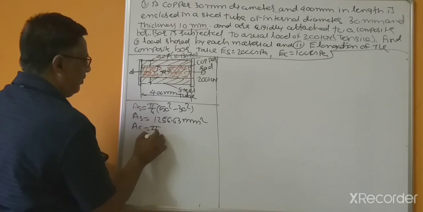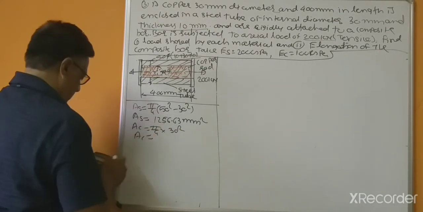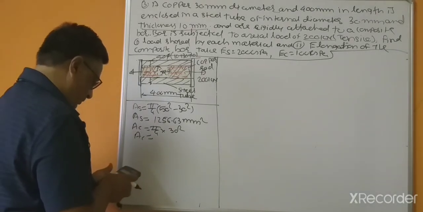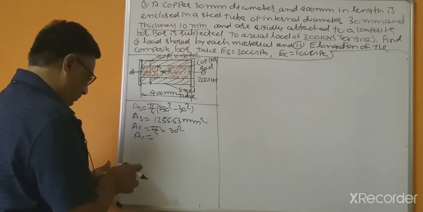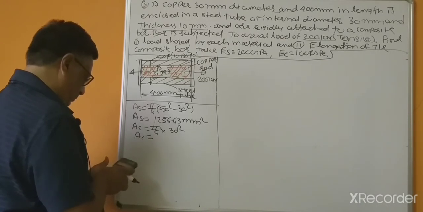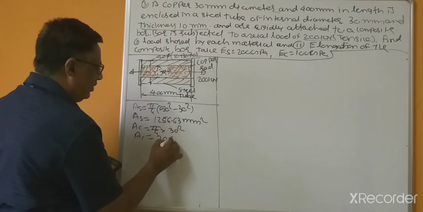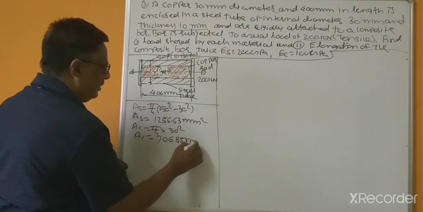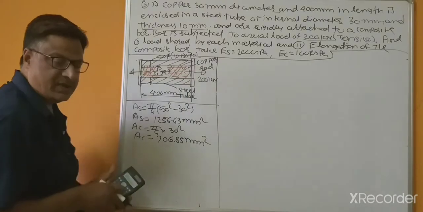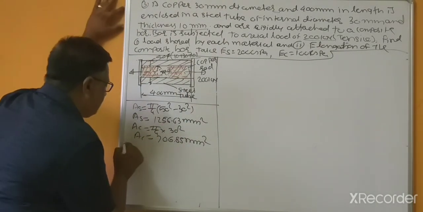AC equal to pi by 4 into 30 squared, so AC equal to 706.85 mm squared.